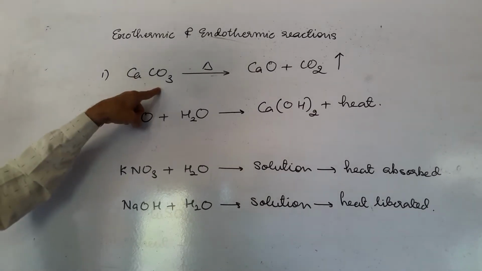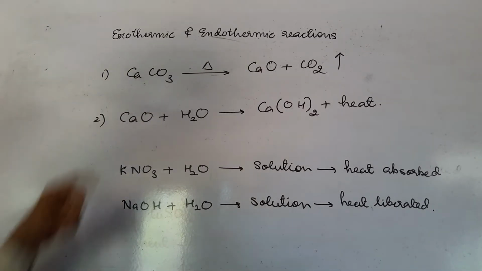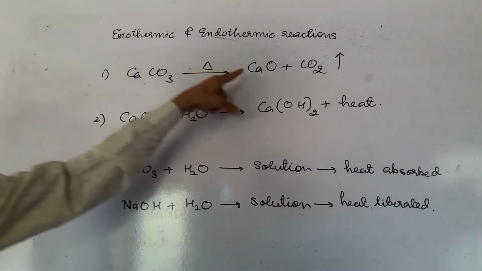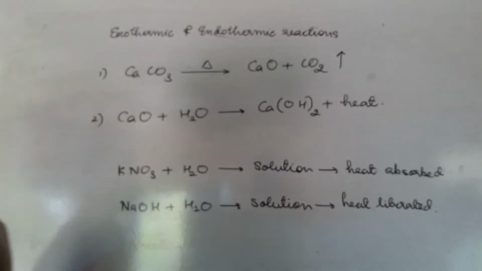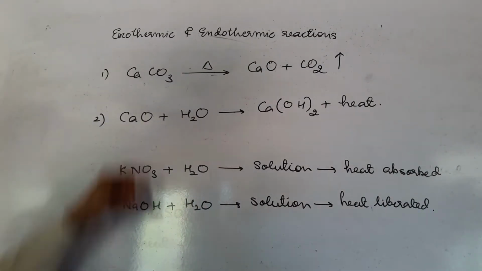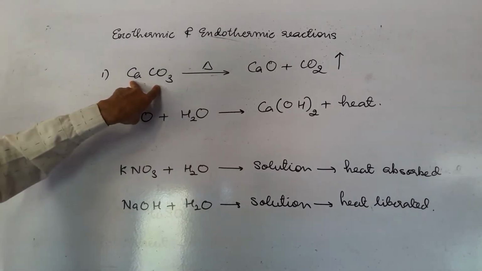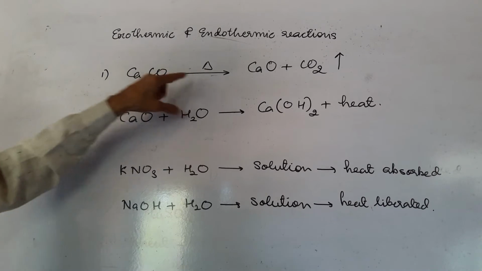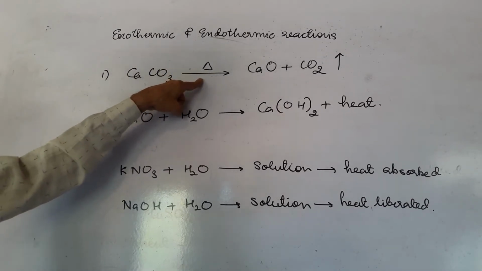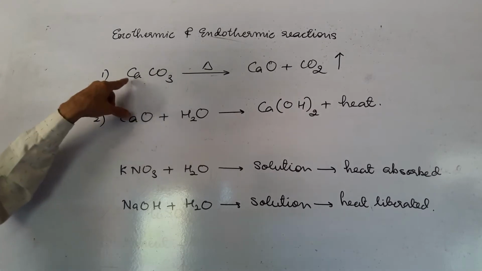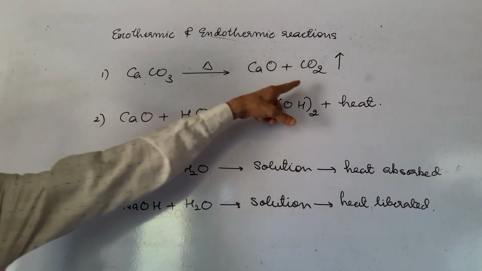When calcium carbonate is strongly heated, we get calcium oxide and carbon dioxide is liberated. When we give heat, which is a form of energy, the bonds are broken, and this energy is utilized to break the bonds between calcium oxide and carbon dioxide.